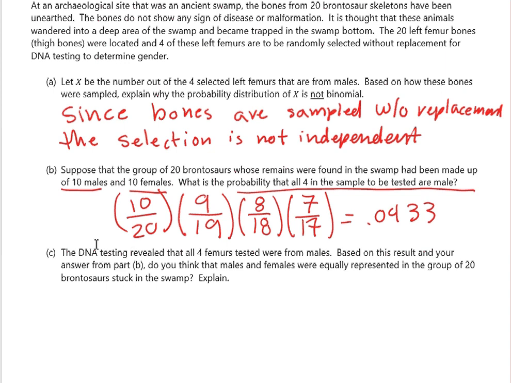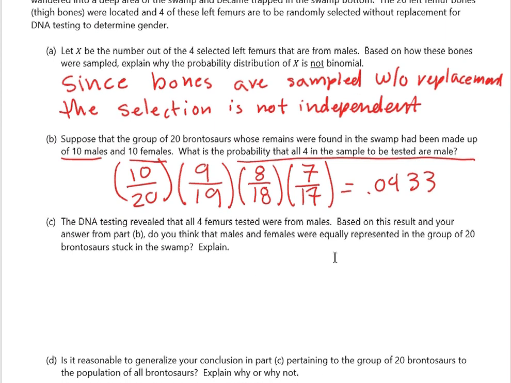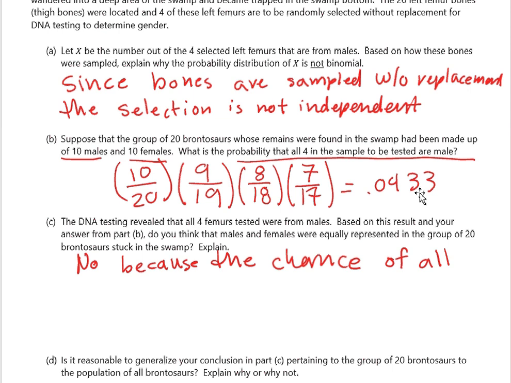So just based on the fact that the probability of getting that event was 4%, and that's so small, I'm going to say no. So no, because the chance of all 4 tested to be male is not likely.